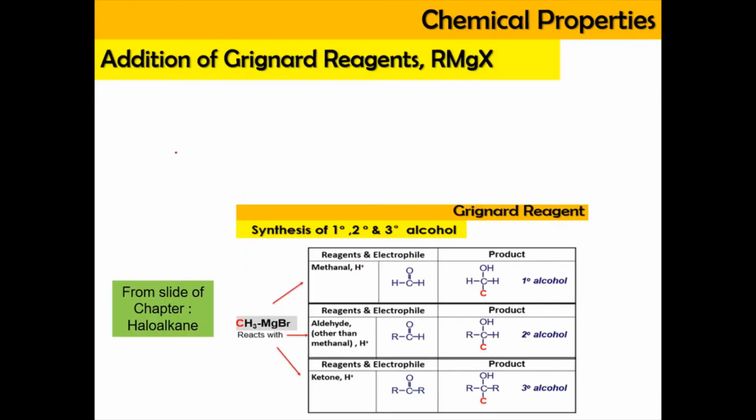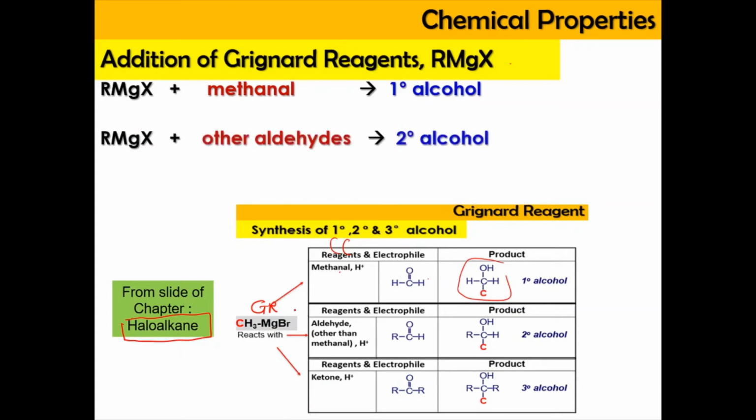Now we're going to look into the addition of the Grignard reagent to the carbonyl. This is basically the same as what you have learned in the chapter on haloalkane, where your Grignard reagent can react with methanal, aldehyde, and ketone, where the latter two are represented by the carbonyl compound. When a Grignard reagent reacts with methanal, we're going to produce a primary alcohol.